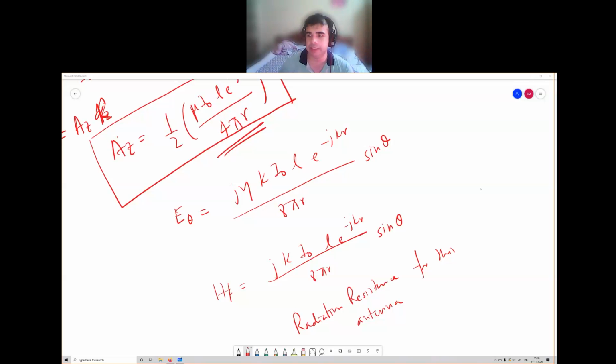See, it has the same sin theta pattern as the Hertzian dipole. So directivity will be the same, 1.5.